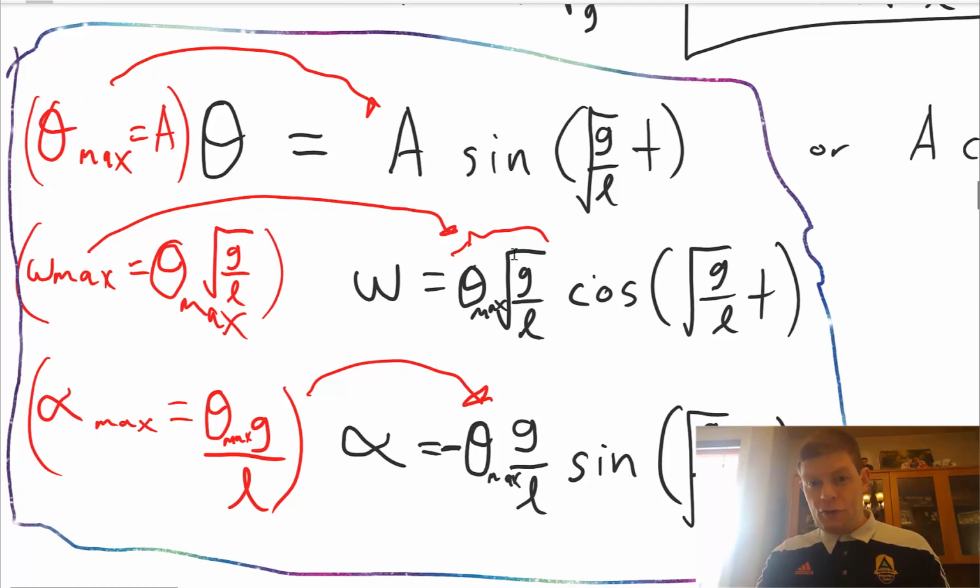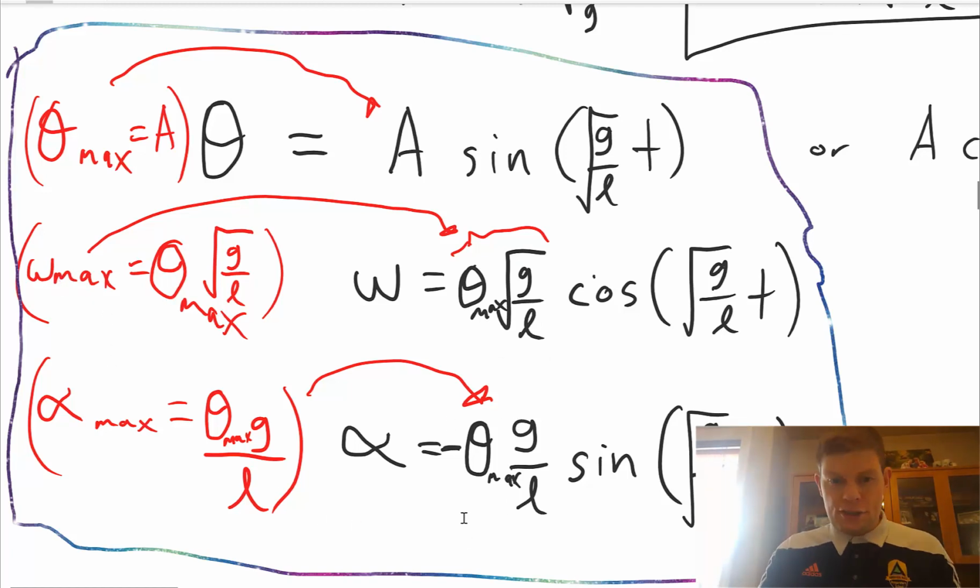Then if you take the derivative, you end up with some cosine function, which has a max value of 1, and then it's multiplied by this junk, your max angular displacement times root g over L. That will give you the max angular velocity.